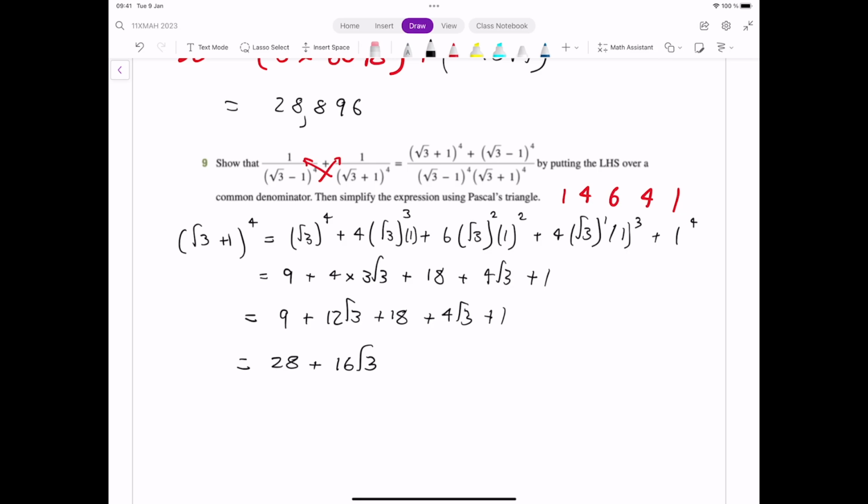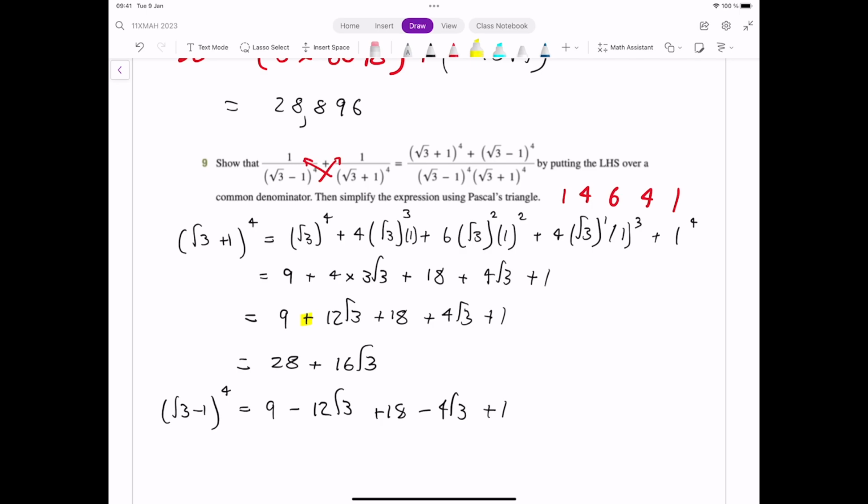Now I am unsure if I'm correct, so I'm going to substitute. So I'm going to type in (root 3 plus 1) to the power of 4 into my calculator. I get a decimal. Let's see if it's the same. It is, so I know I'm correct. Now, (root 3 minus 1) to the power of 4 is going to be the same thing, but our signs are going to be alternating. So it's 9 minus 12 root 3 plus 18 minus 4 root 3 plus 1.